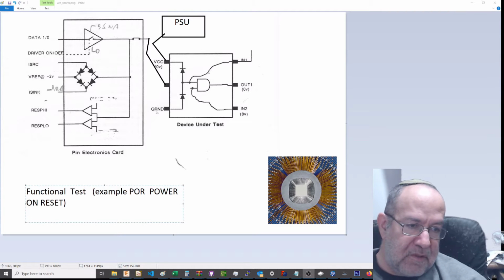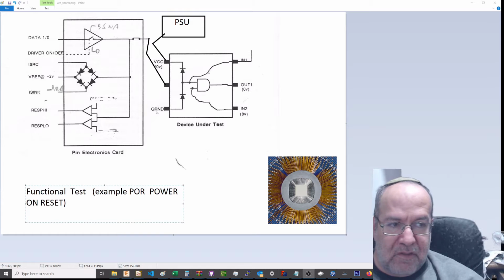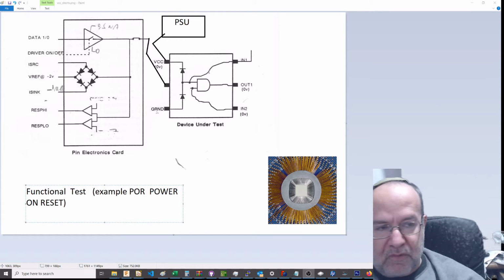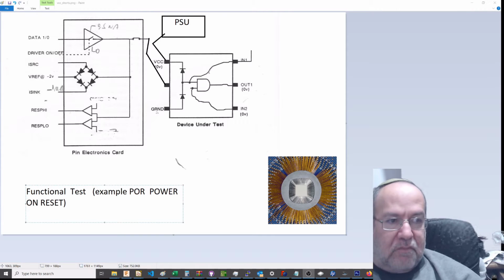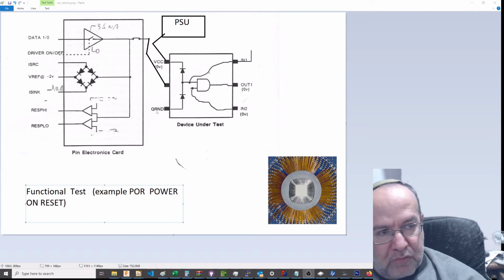Okay, it was one of the tests which was focused on for automotive, which at the moment brings me to a different topic.